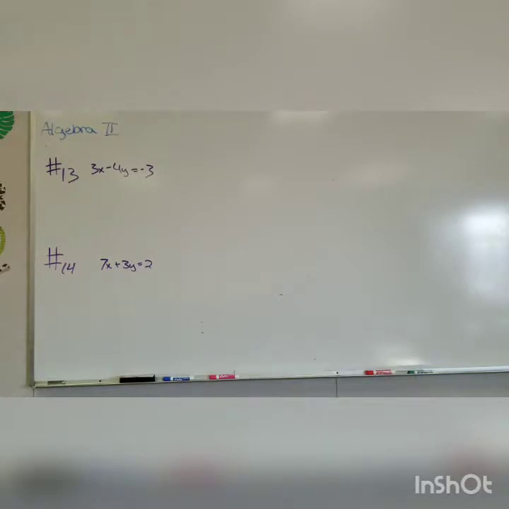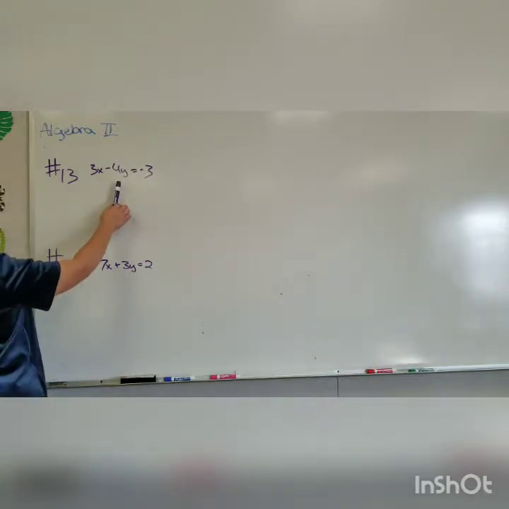All right, in problems number 13 and 14, they again ask you to find the slope. And in these problems, they ask you to find the slope and the y-intercept of two lines in standard form. You can see they wrote ax plus by equals c.